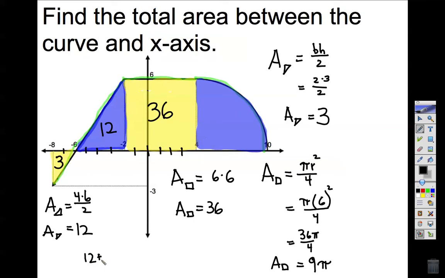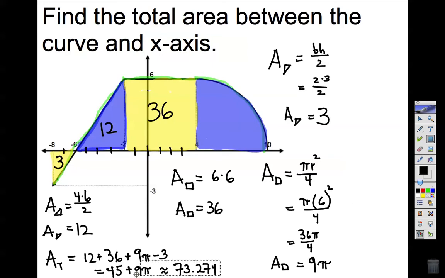So the total is equal to 12 plus 36 plus 9 pi minus 3, and that equals 45 plus 9 pi, which approximates to about 73.274. And that there is our final answer.